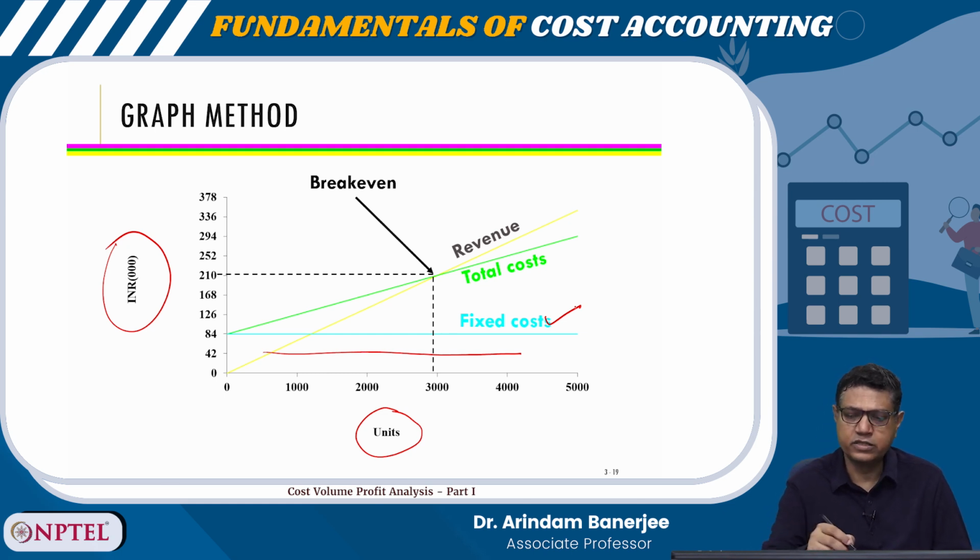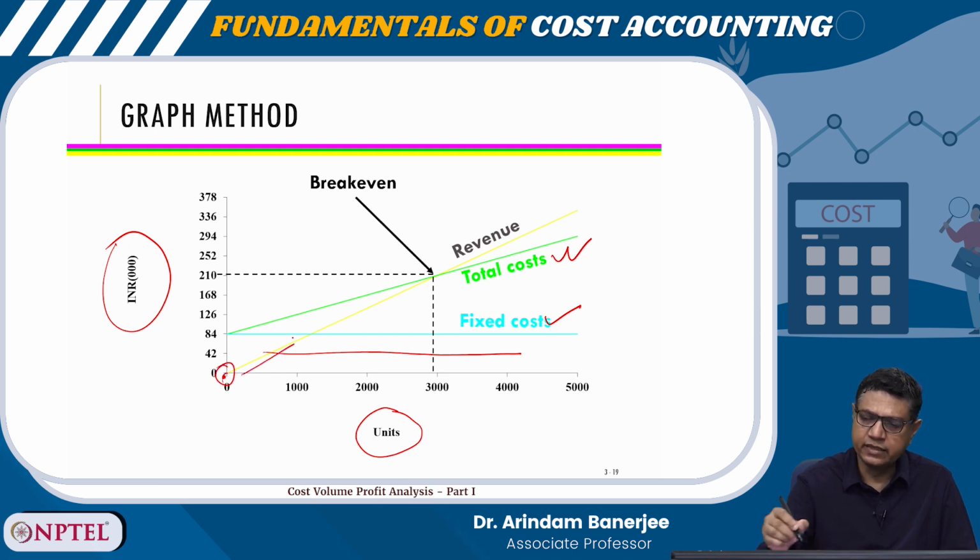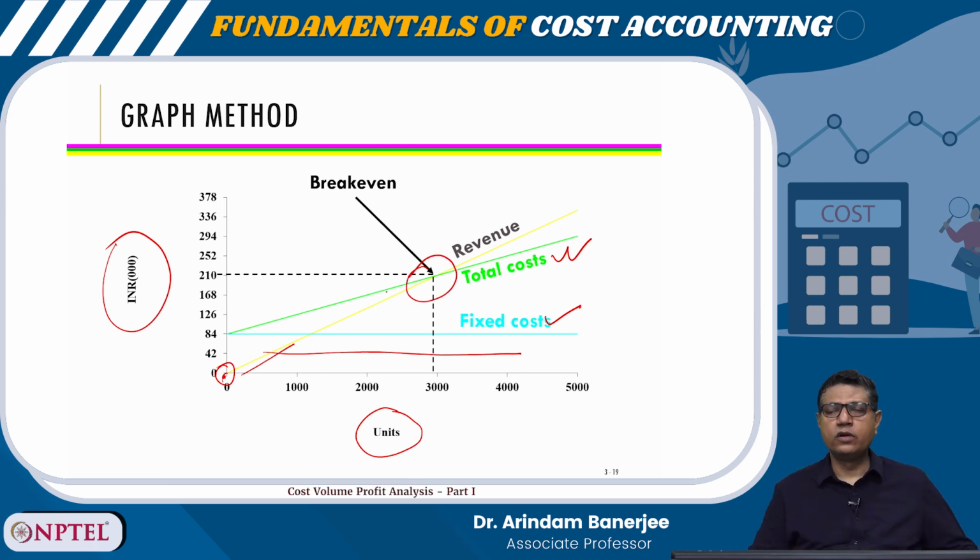This is the total cost, if I add variable cost, you see it is increasing. And the revenue, if your sale is 0, the revenue is 0 here, and you see it is increasing like this, and at this point the revenue line and the total cost line are intersecting.